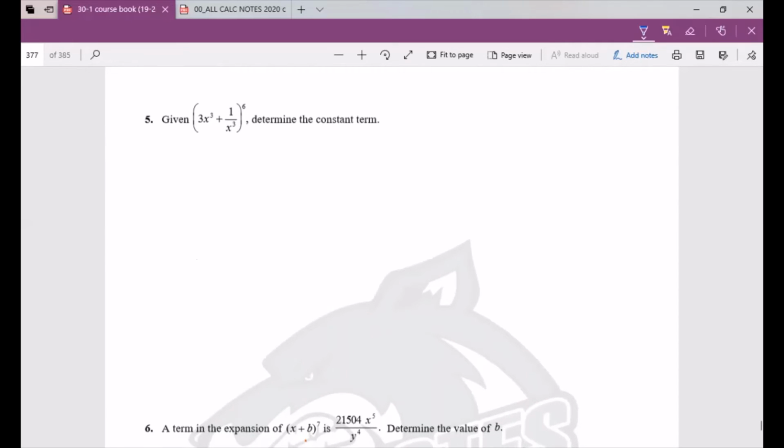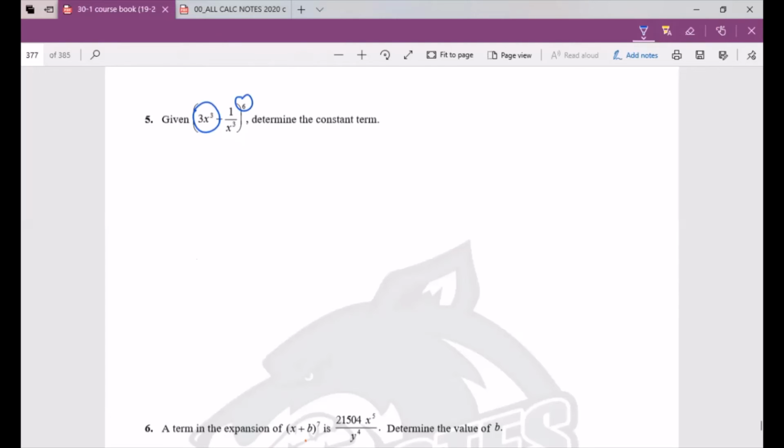Now, this question kicks it up a notch in a couple of different ways. One way is both our x and y terms now have the variable x in them. That's not going to matter if we just treat this the same as we did in the last ones. If we look at this, this is 3x cubed. We're multiplying 6 factors of this binomial together.